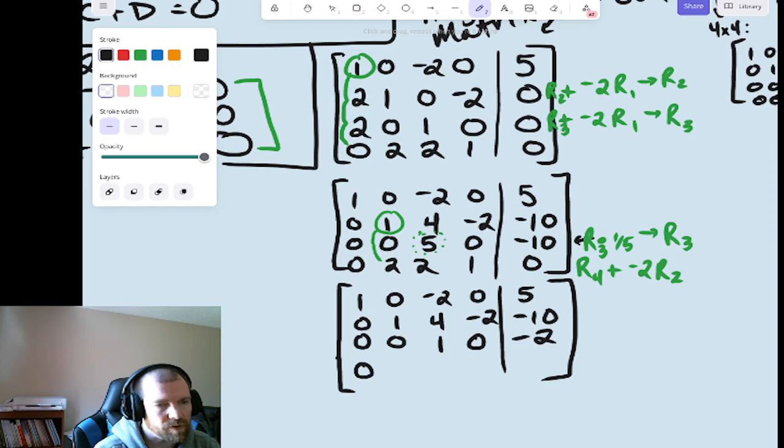Next one, 0. All right, -2 times row 2. So -2 times 1 is -2, plus 2 is 0 by design. And then we say -2 times 4 is -8, plus 2 is -6.